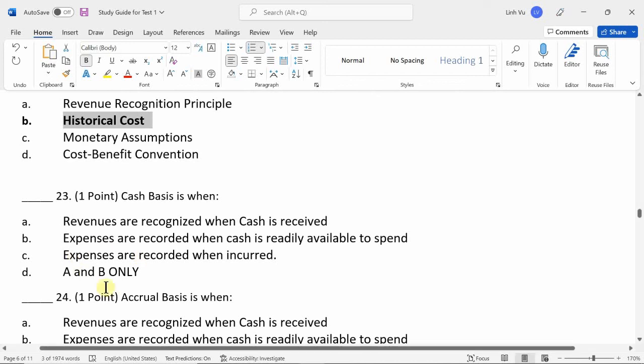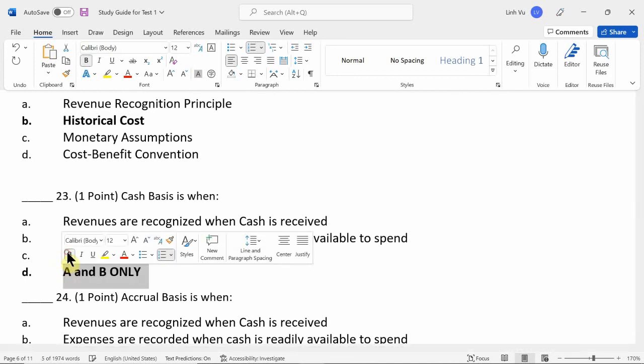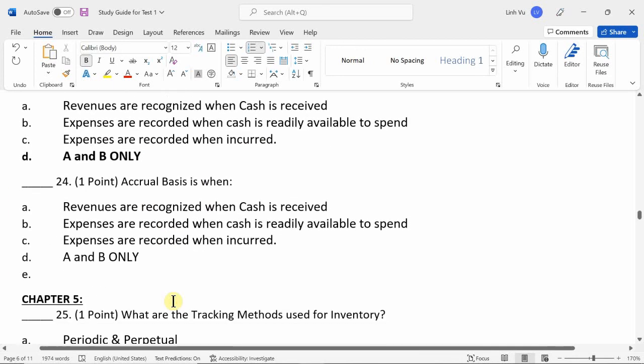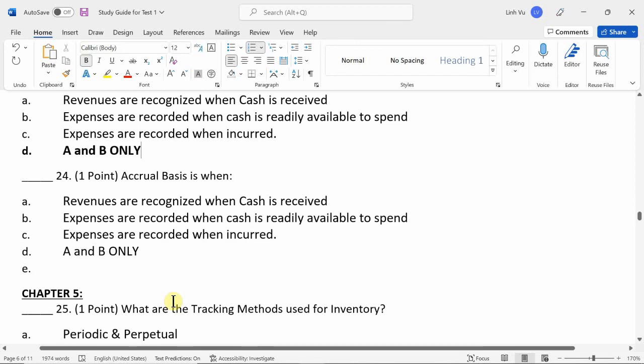So, letter A and B. A and B, correct, right? So in this case, yes. Revenues are only recognized when cash is received, and then expenses are only recorded when cash is readily available to spend. Good. And then last question of the day, question number 24.